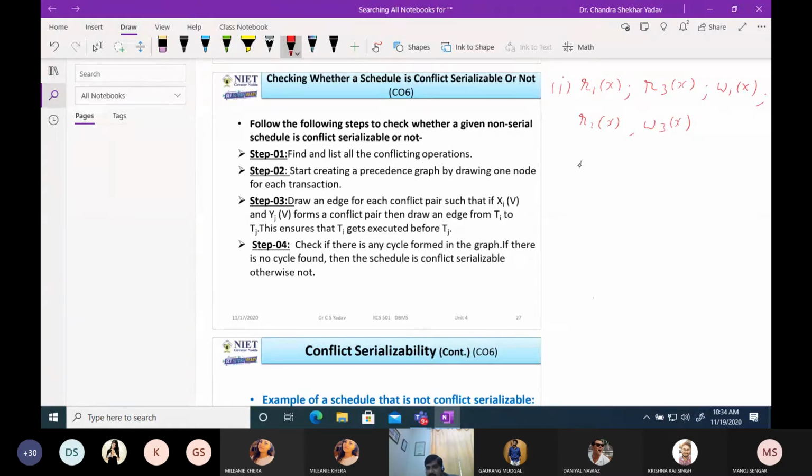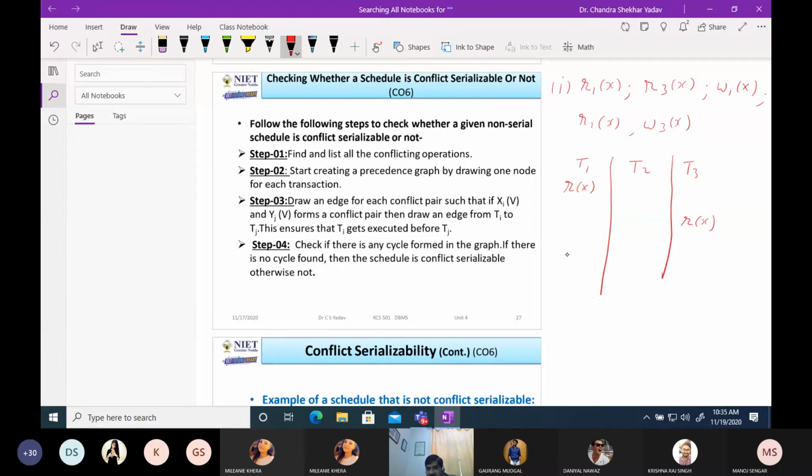So suppose if we want to represent this schedule in tabular form, then we can easily convert this notation into tabular form notation. Here we will write read X. Then we will perform read X. Why? Because 3 represents the transaction number 3.